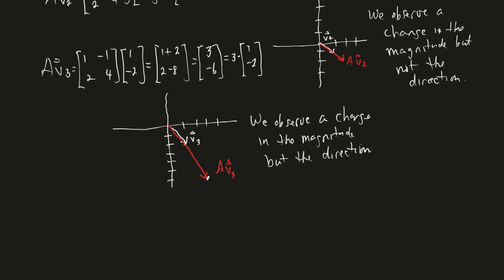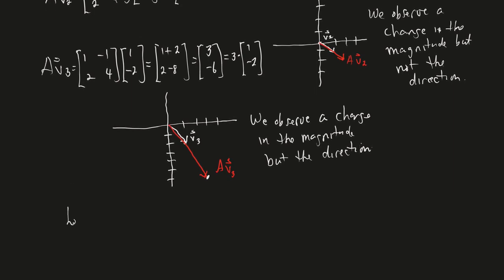All right? So here's our definition. Let A be an n by n matrix, so we need a square matrix.